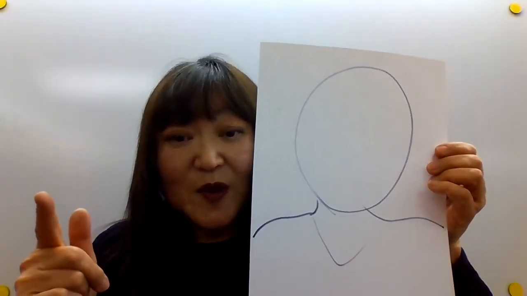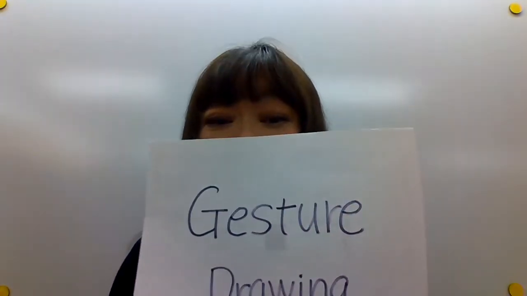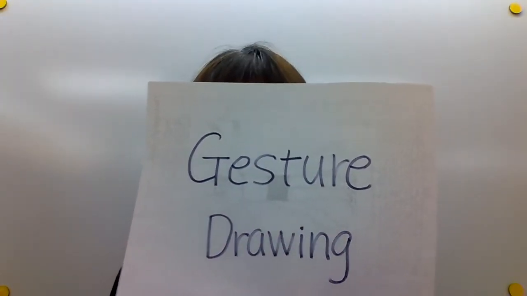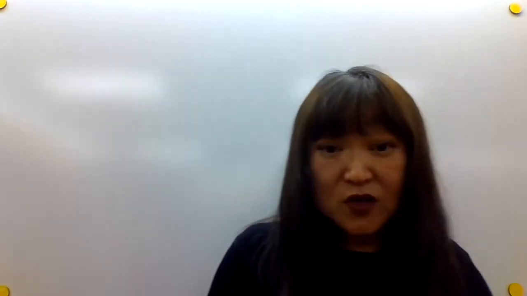On the watercolor paper with watercolor. At this point, everything is decided. You are ready to sketch. Today, I'm going to teach you a special way of drawing. It is called gesture drawing. Gesture drawing is a very fast, quick drawing.